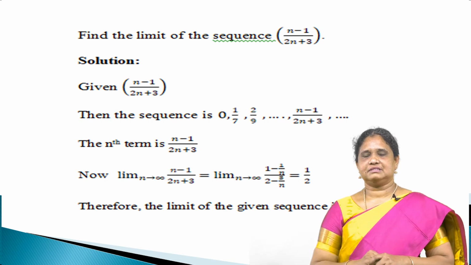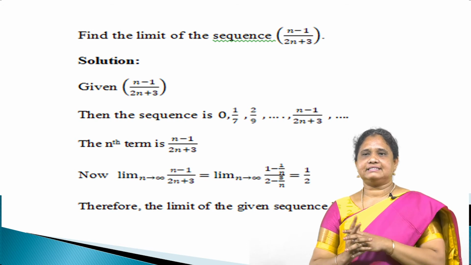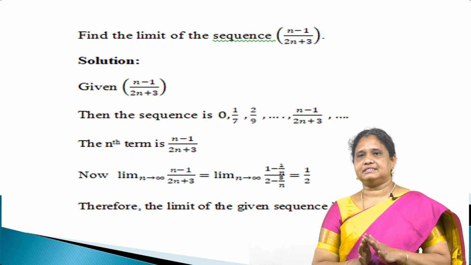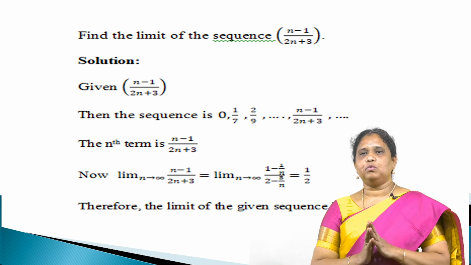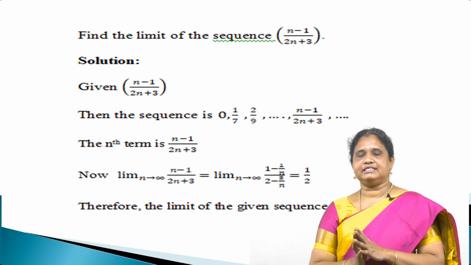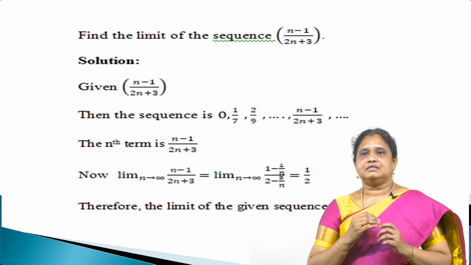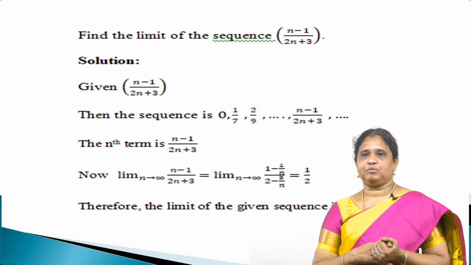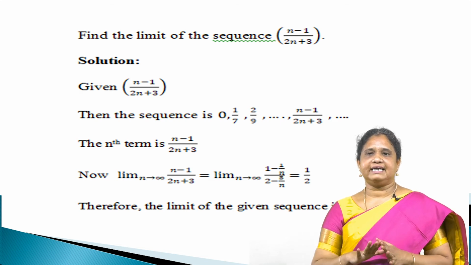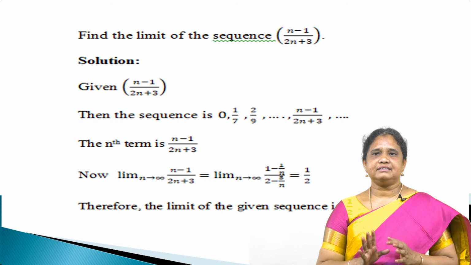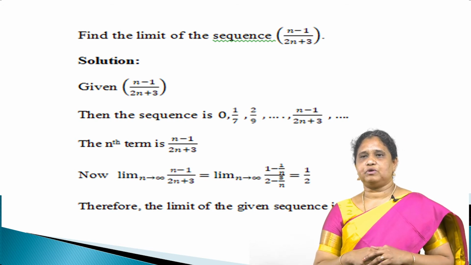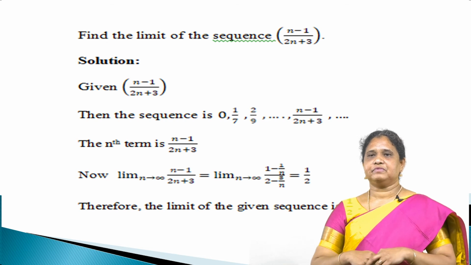So taking n as common in both the numerator and the denominator, we get n into 1 minus 1 divided by n in the numerator and n into 2 plus 3 by n in the denominator, and both the n get cancelled in the numerator and the denominator, and the remaining fraction is 1 minus 1 by n divided by 2 plus 3 by n.